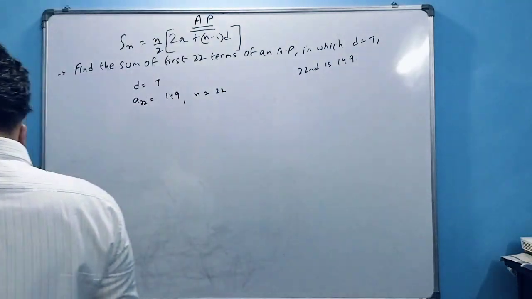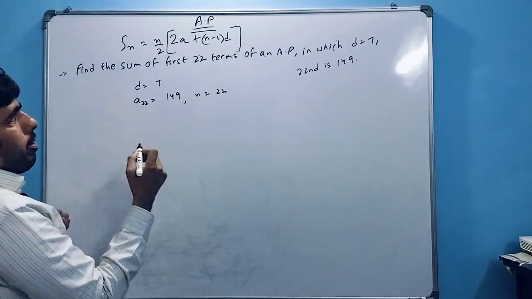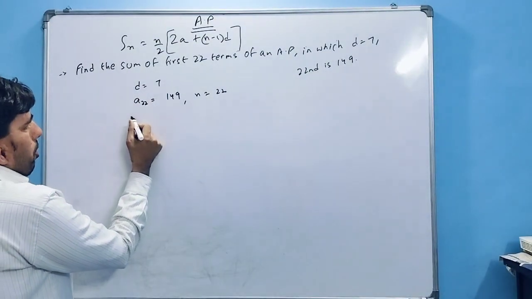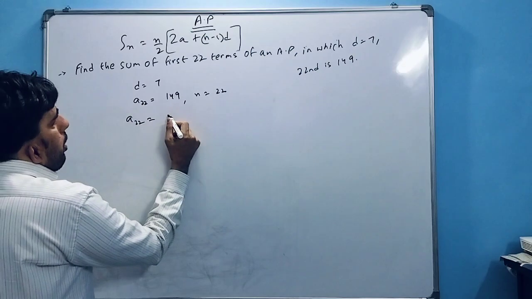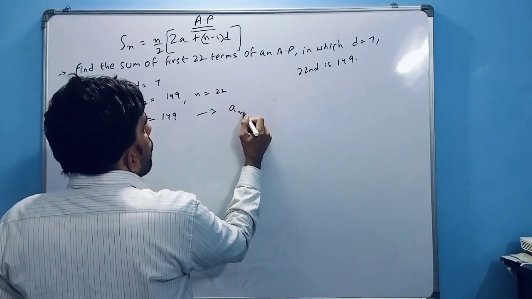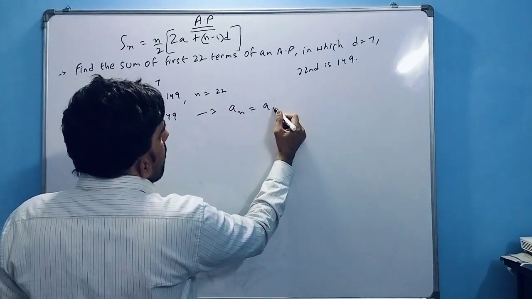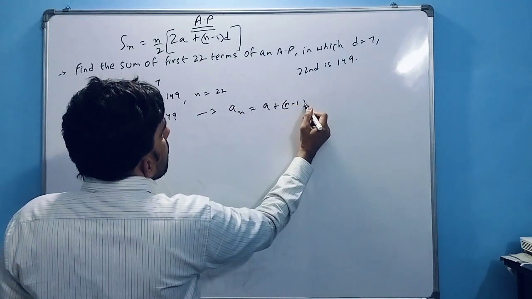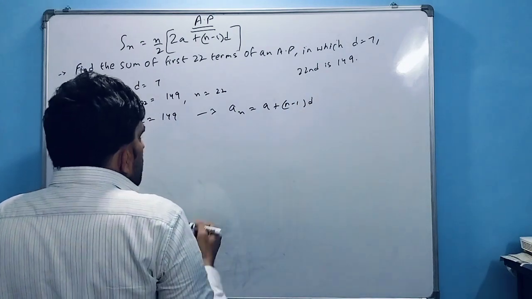So let us see how we can find the value. First of all, they have given a22 is 149. We know the formula to find the nth term.